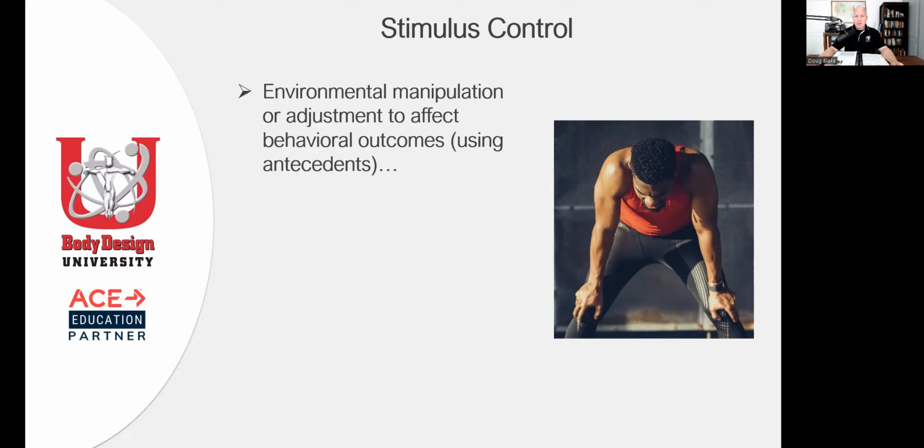So let's take a look at some examples. Again, environmental manipulation. I can do things to my environment to affect the behavioral outcomes, right? And so if you can set things in place, reminders, doubling up on certain things, for instance, like having an extra pair of glasses in your car, having food when you need it.